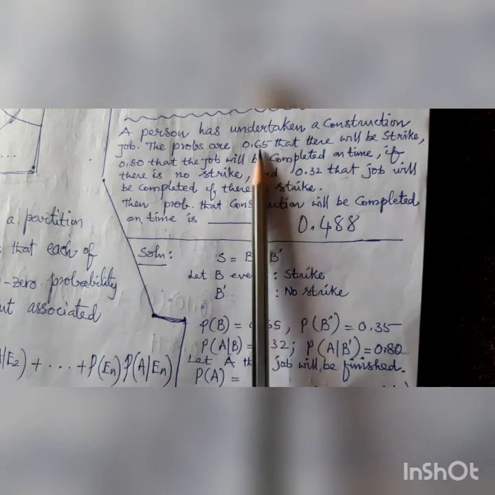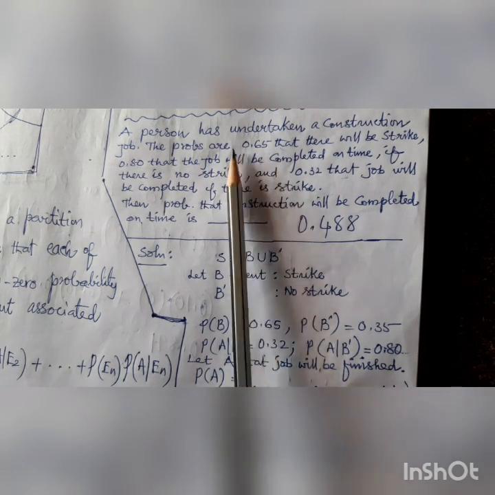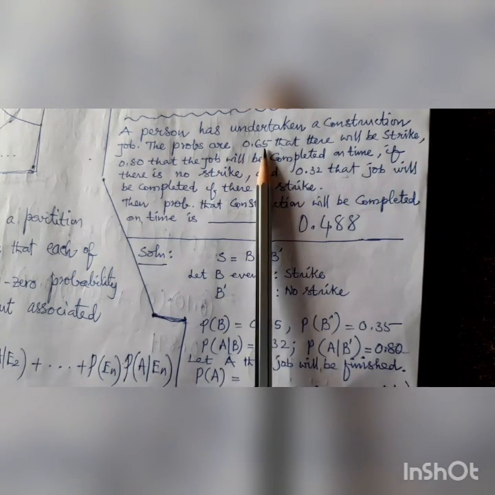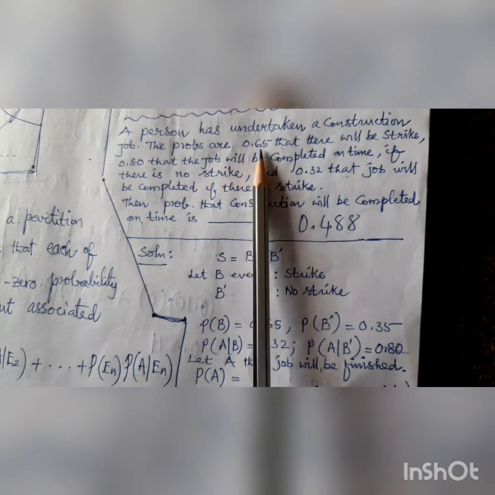That is the sample space. Strike probability 0.65, and no strike probability 0.35.